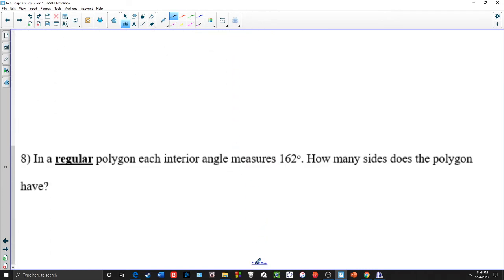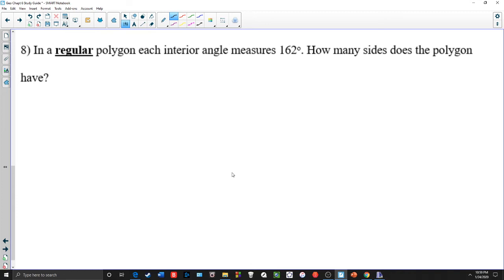This was the trickier problem in terms of wording. It says in a regular polygon, each interior angle measures 162. How many sides does the polygon have? Okay, so this takes a little bit of thinking. On a regular polygon, each angle is 162. We don't know how many sides it has, so we'll say it has n sides.